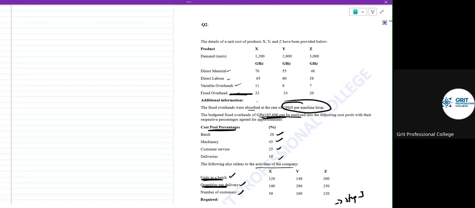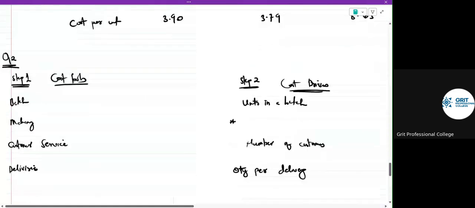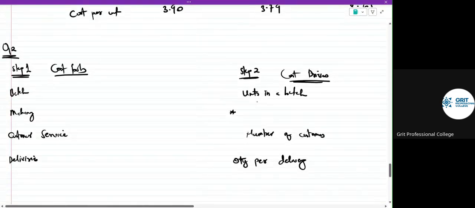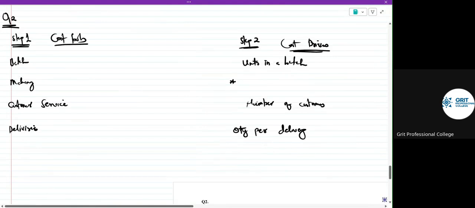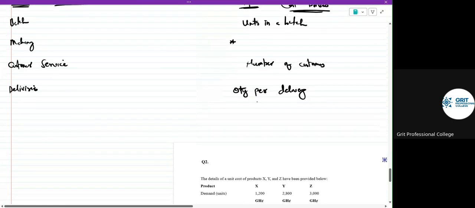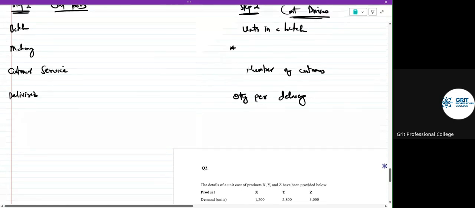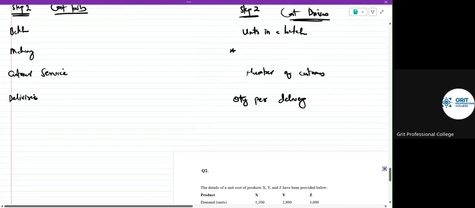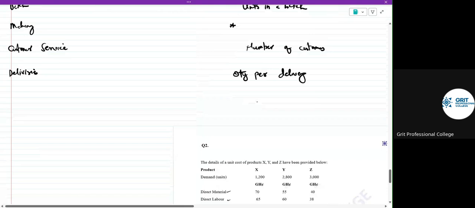So just thinking about what we've just said, we are trying to find a missing piece. I just want to draw attention to something. If the cost pool is machining, what do you think will be a very appropriate basis on which cost can be driven within that cost pool?